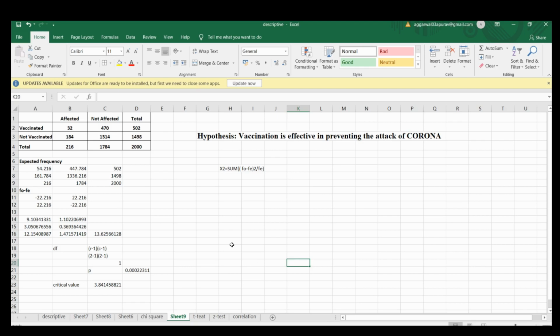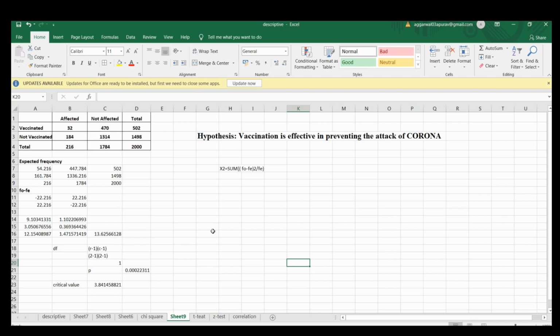In this example, the calculated value of chi-square is 13.63, the table value is 3.841, and the effectiveness of vaccination in preventing the attack of corona is significant, and the null hypothesis is rejected.